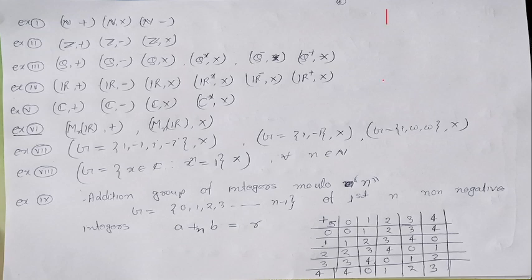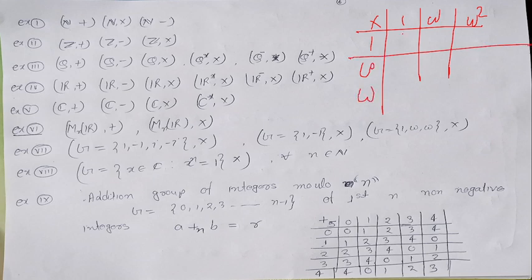Similarly, you can see multiplication with 1, omega, omega square. 1 into 1 is 1, 1 into omega is omega, 1 into omega square is omega square. Actually this is the cube root of unity, so omega cube equals 1.